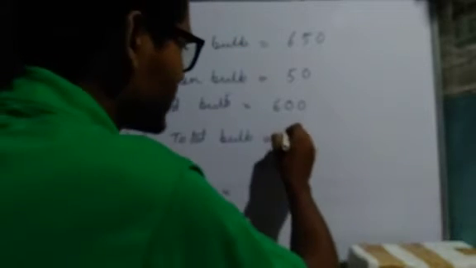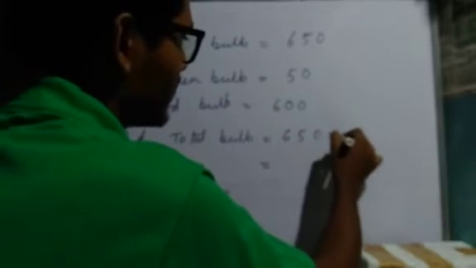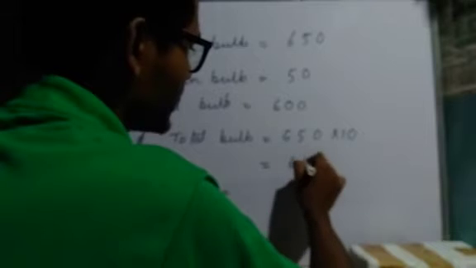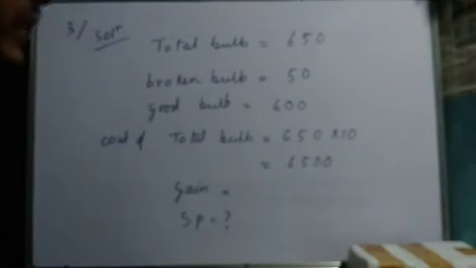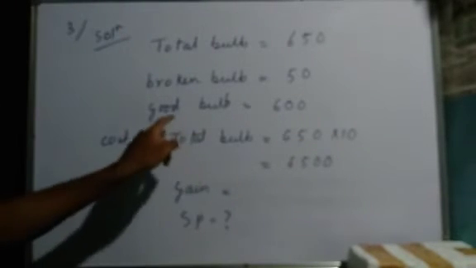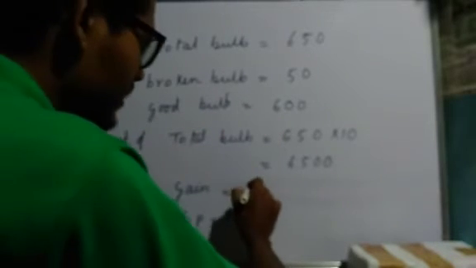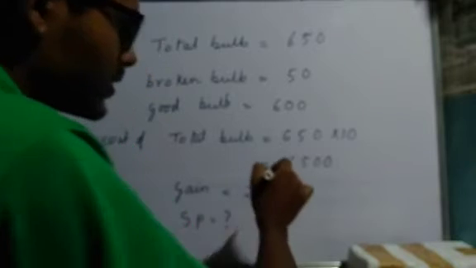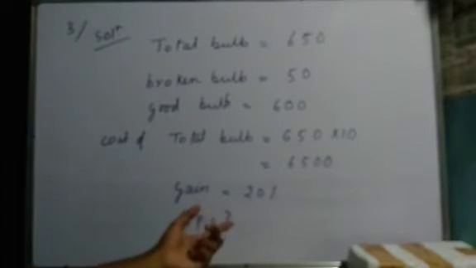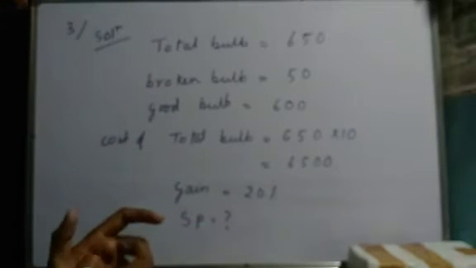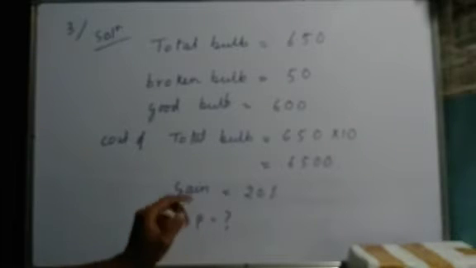The cost of one bulb is 10, so 650 multiplied by 10 will be 6500. Now he wants to sell the remaining 600 good bulbs at a gain, meaning profit, of 20%. So at what price will he sell the bulbs? We have to calculate the selling price.